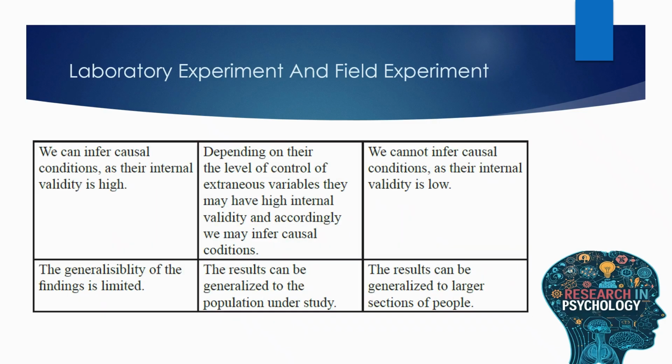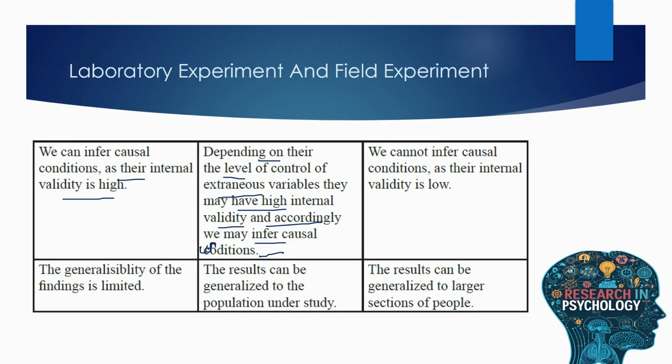Then we can infer causal conditions as their internal validity is high because it is being conducted inside a controlled environment. The internal validity is high. Now, depending on the level of control of extraneous variables, field experiments may have high internal validity and accordingly we may infer causal conditions. So this all depends. Okay, there's a spelling mistake here. This is conditions. Yeah.